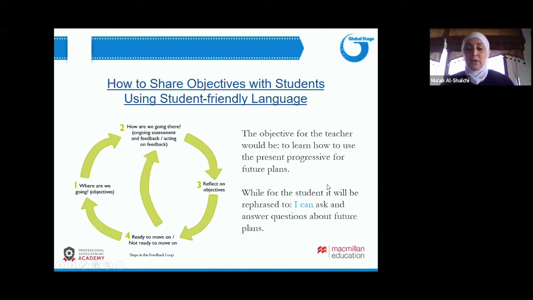Okay, and so this is what you want to do with your students. This is how they will understand it, in a way that you would like them to understand it.